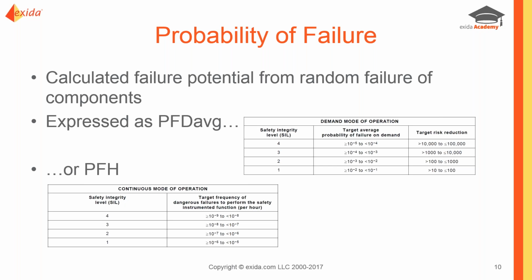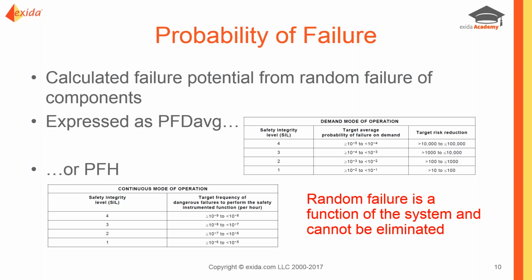Random failures are usually associated with the degradation of mechanisms in the hardware, and they occur at an unpredictable time, but with sufficient data we can interpret predictable rates from this information. Random failure is inherent to the system and cannot be eliminated.